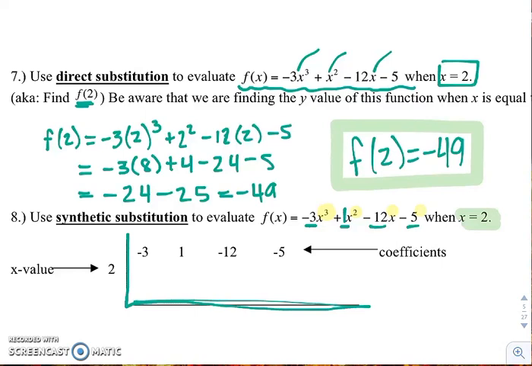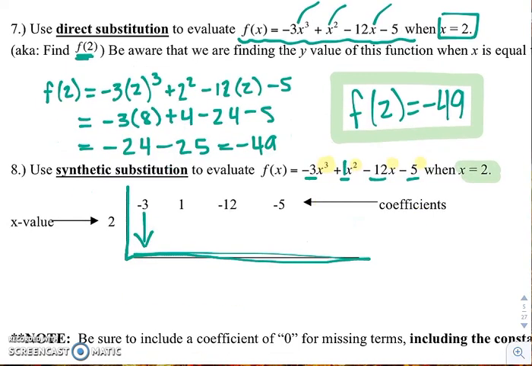So what happens is we bring down the first value. And then we just multiply and add and multiply and add and multiply and add. So we multiply 2 times -3 and get -6. We add those two values. Then we multiply your outside number by what you have left. Get -10.